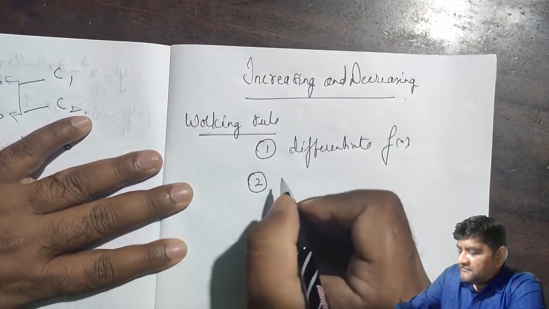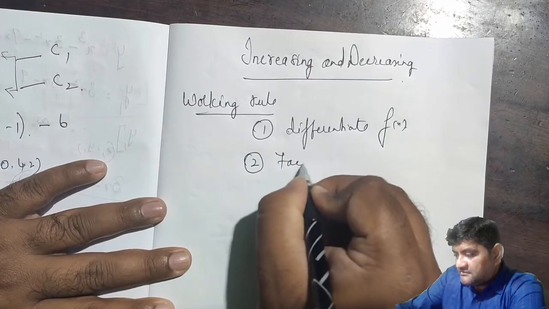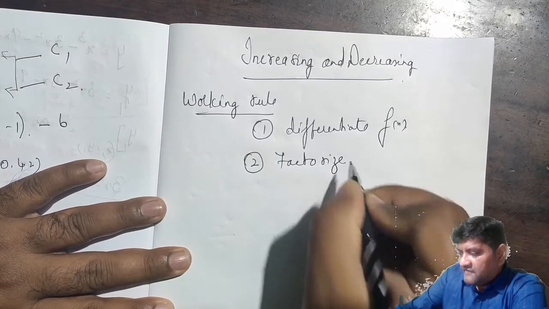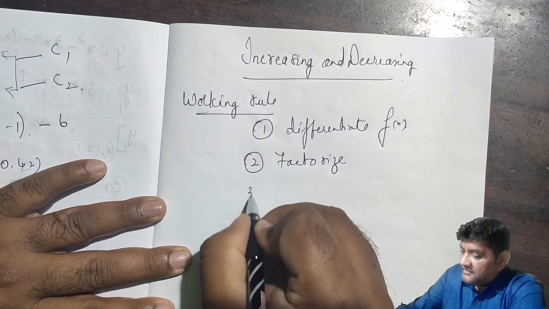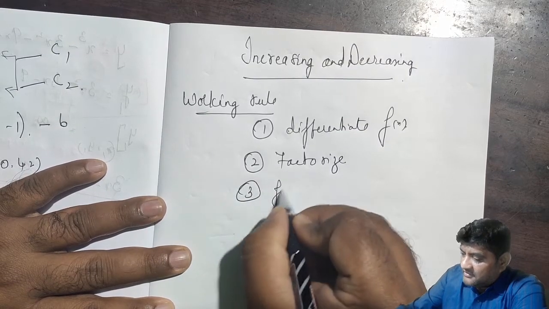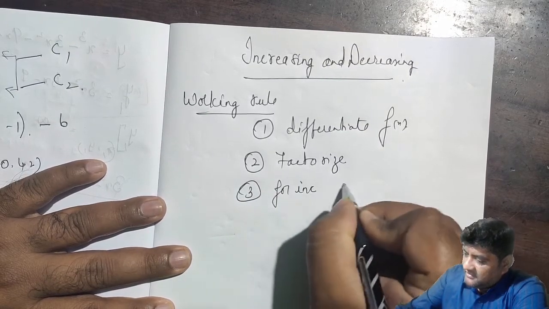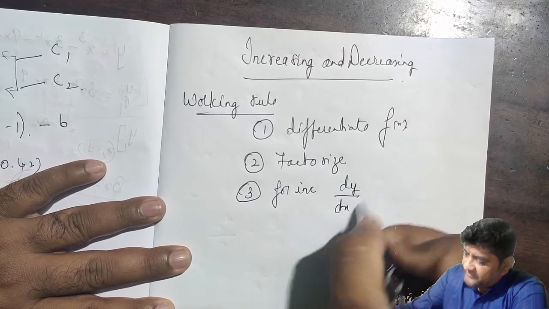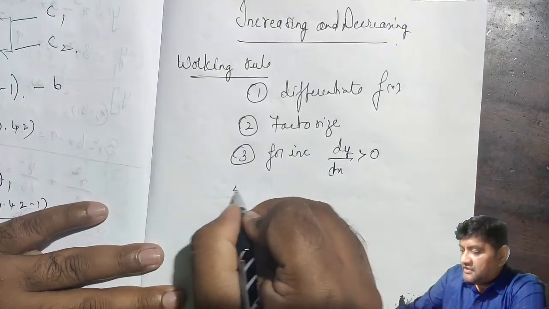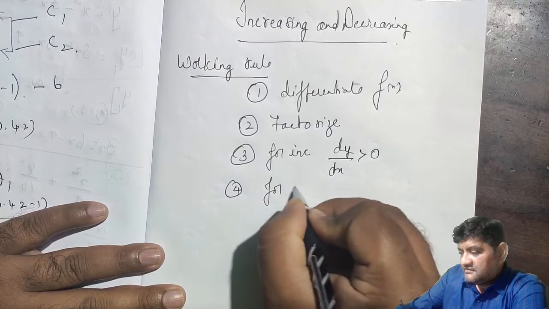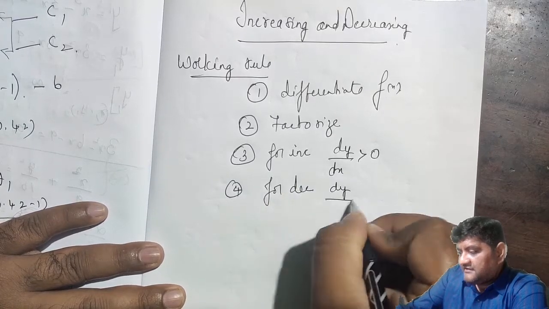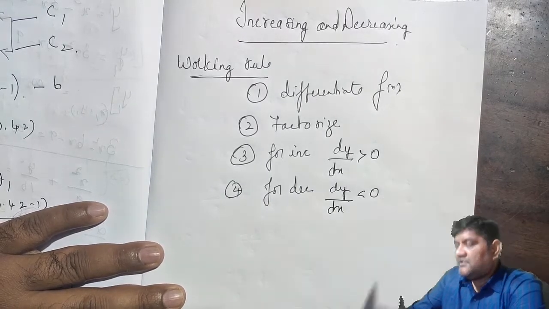Once you differentiate the curve, you factorize the equation. Factorize the differentiated equation. And then for increasing, dy by dx is greater than 0. For decreasing, dy by dx is less than 0. That's all. This is a simple working rule.